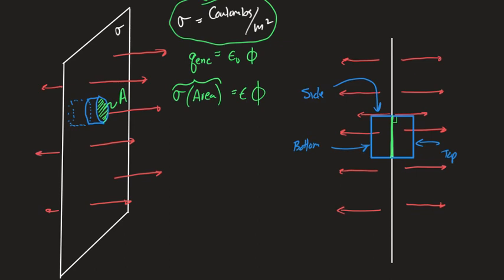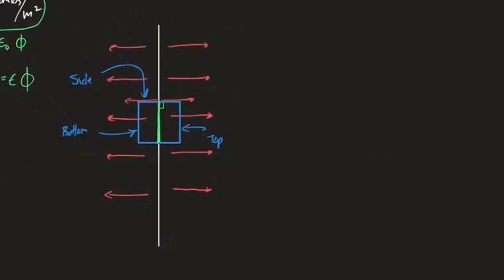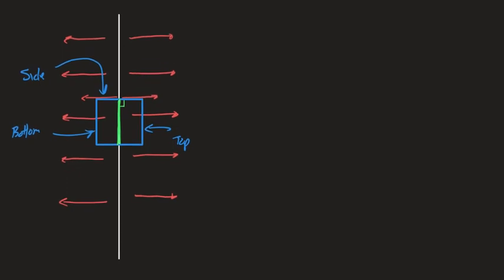Now the flux. The flux is going to be more difficult for me to deal with. I've got to deal with that more complicated calculation. So let's consider the flux. Let's move this over here so I can get this by itself for a moment and talk about flux. Flux is this integral of E dot dA.